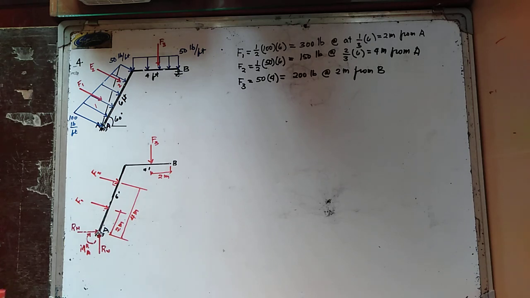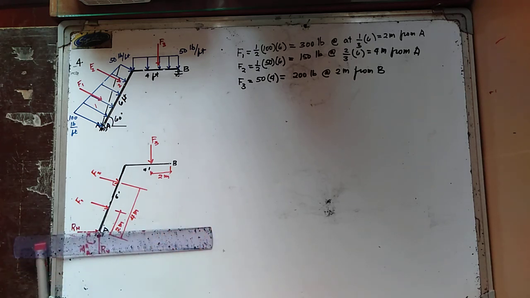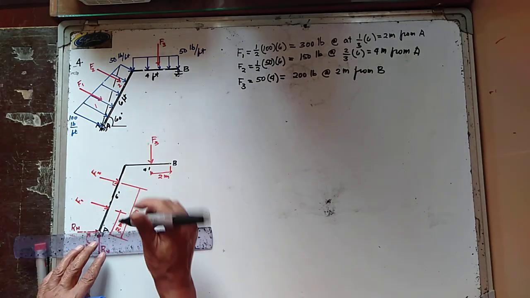Now, I will resolve the components of F1 and F2 into the vertical and horizontal directions. This is 60 degrees with the horizontal.